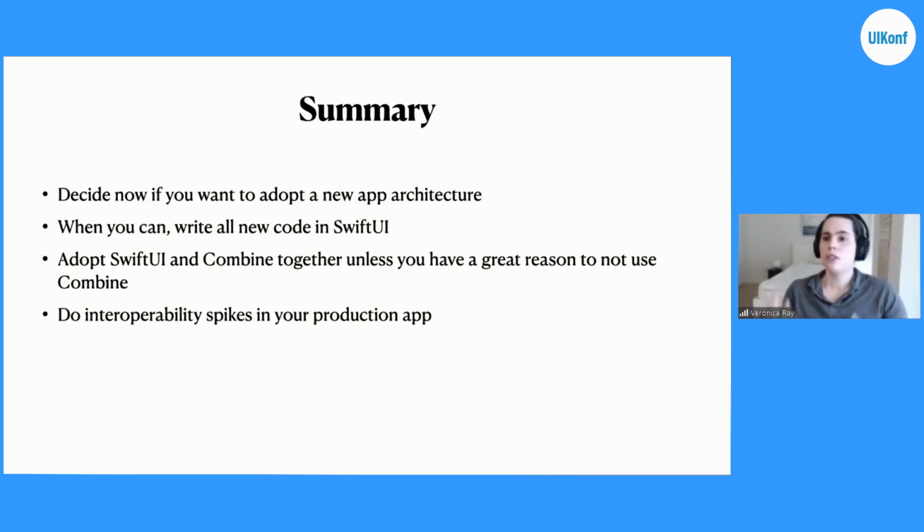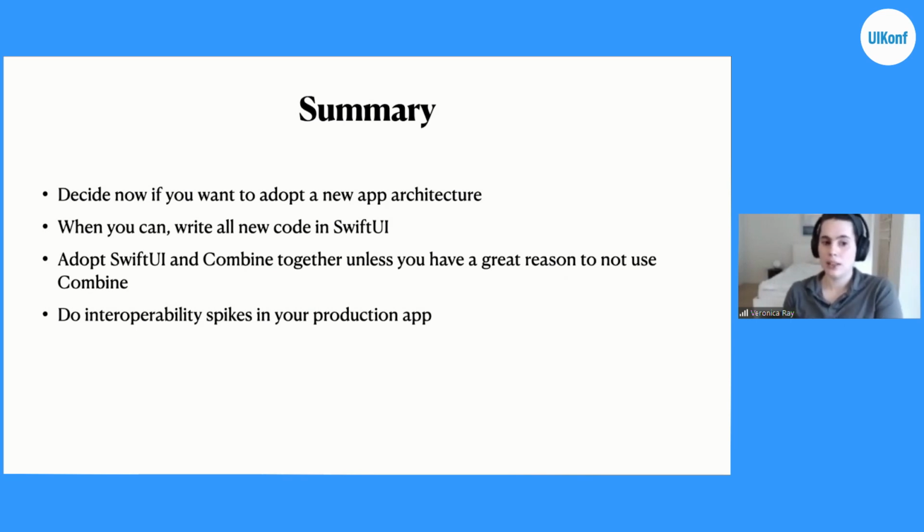So after you've already done preparing your app, maybe migrating to a new architecture, once you can go iOS 13 plus only, I suggest you write all new code in SwiftUI. And I also will highly encourage you to adopt SwiftUI and Combine together unless you have a great reason to not use Combine.